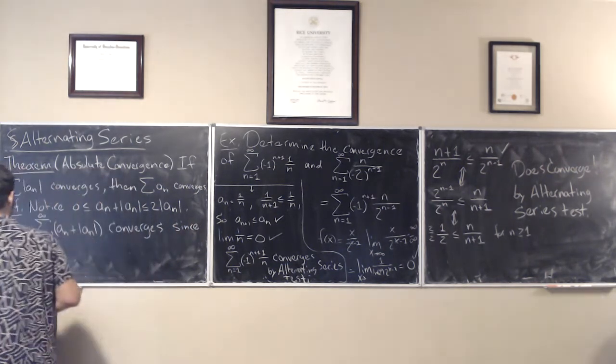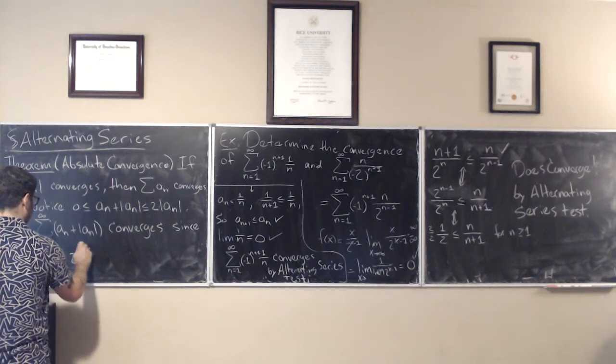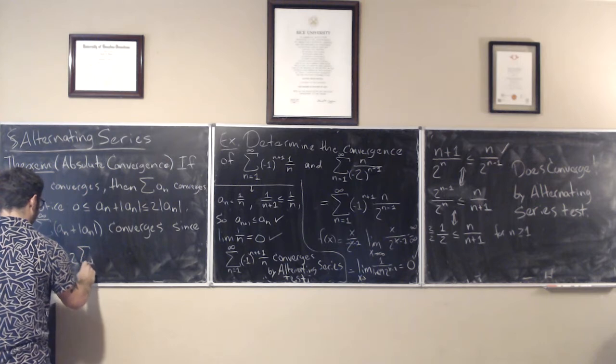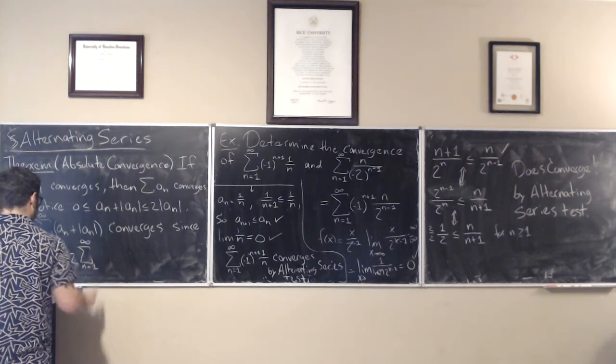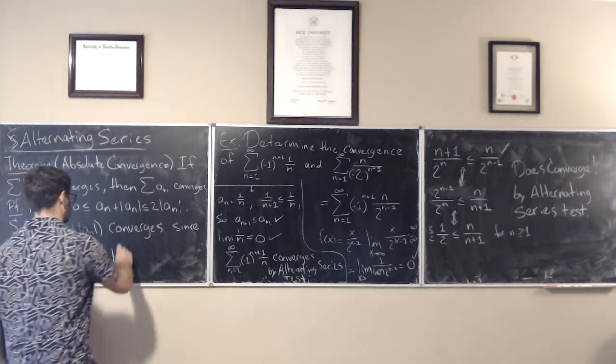since the sum from n equals 1 to infinity of 2 absolute value of a sub n is just equal to 2 times the series of absolute value of a sub n.